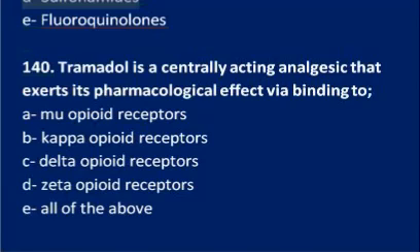So options are mu opioid receptors, kappa opioid receptors, delta opioid receptors, zeta opioid receptors, or all of the above. Actually tramadol acts centrally via mu opioid receptors, and in this way it will exert its pharmacological effect as an analgesic.